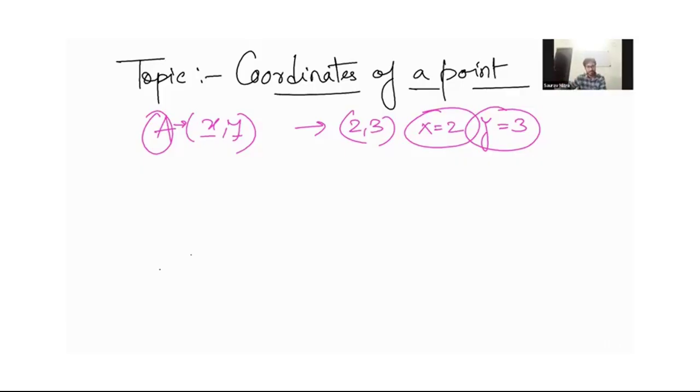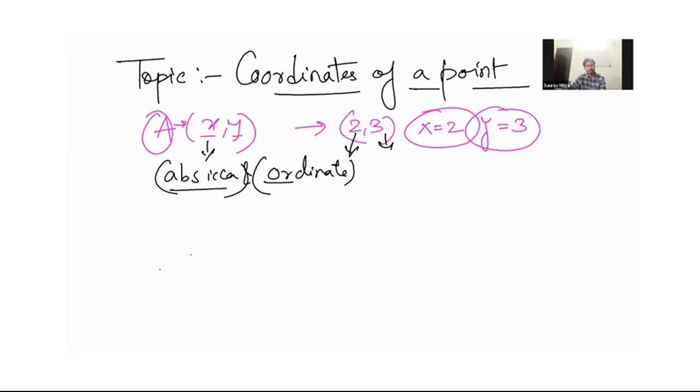So always the first value is your x and the second value is your y. The x value is also called the abscissa, and y is called the ordinate. They can say the abscissa is 2 here, and the ordinate is 3 here.